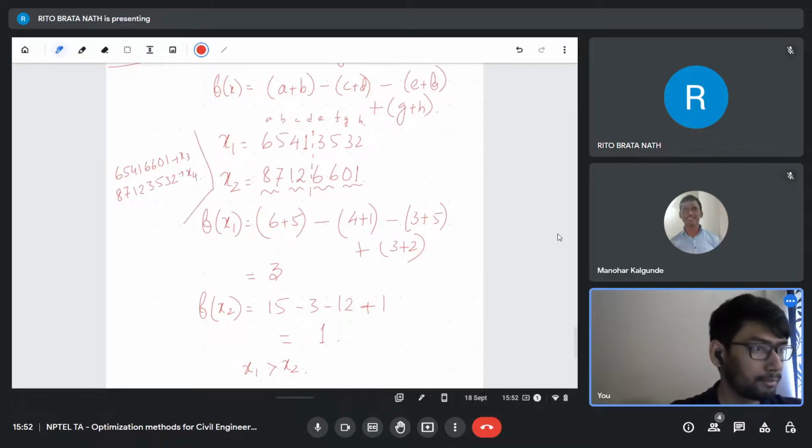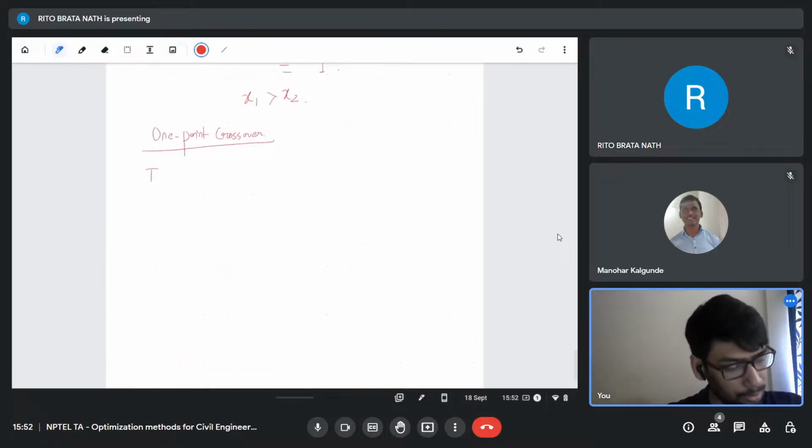Then there could be questions like crossing x1 and x2 using 2 point crossover, say at B and at F. That is what I was talking about. So another one is 2 point crossover.